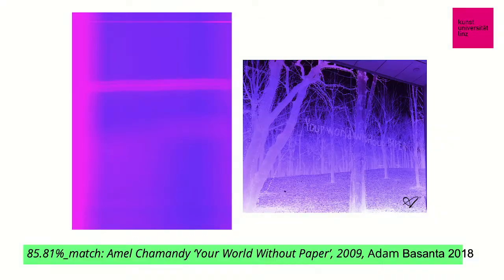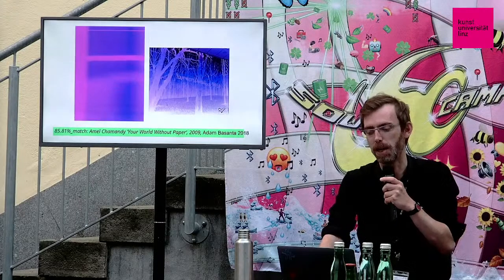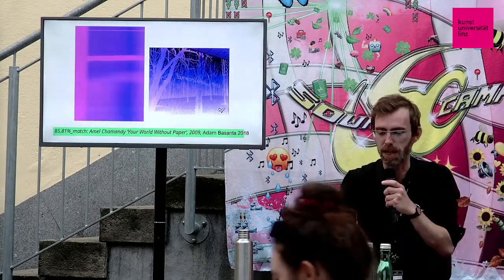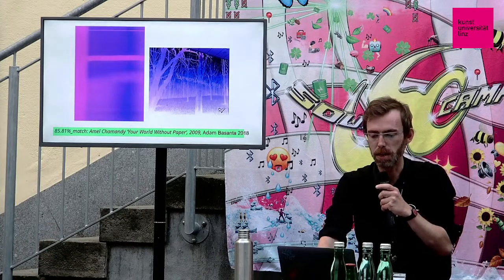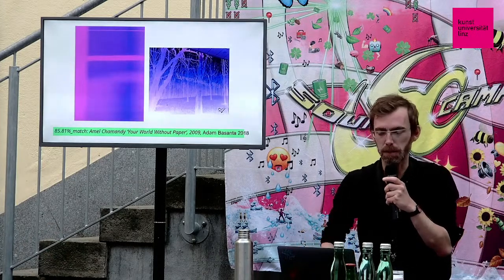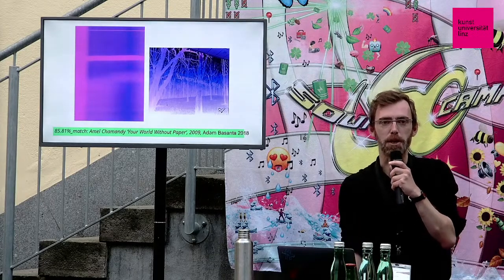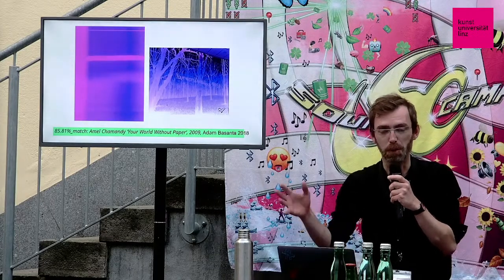So here on the left side is the scan generated by this art factory. And on the right-hand side, a heavily manipulated photograph called Your World Without Paper, that was created by an artist named Amel Jamandi in 2009. And in the opinion of this art factory, the scan is an 85.81% match with this original.